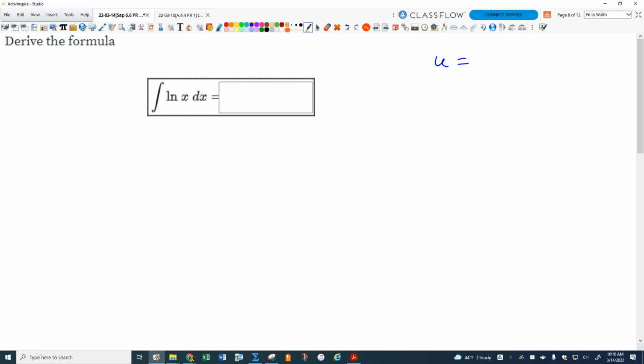Use the one that's easy to differentiate. We're going to calculate du. So natural log x. So then what's du? 1 over x dx, right? So we'll just call it dx over x. That leaves us with dv being what then?